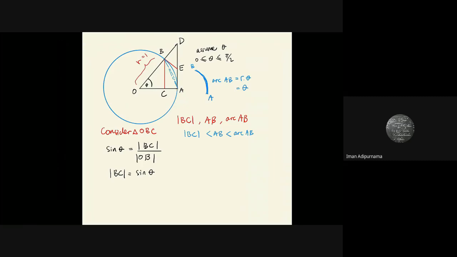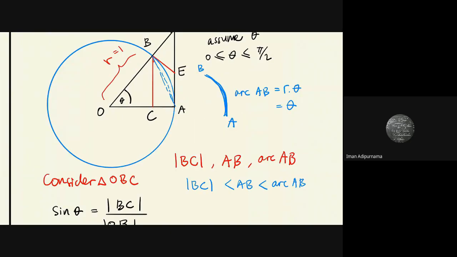But it's all connected to B, right? BC is here, AB is also connected here, and arc AB is here. That's why we can use the squeeze theorem.